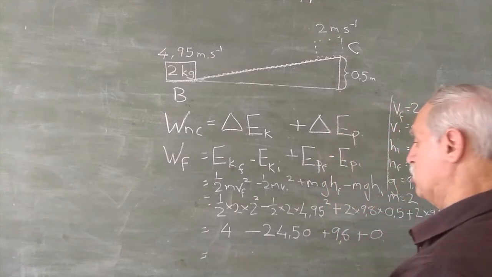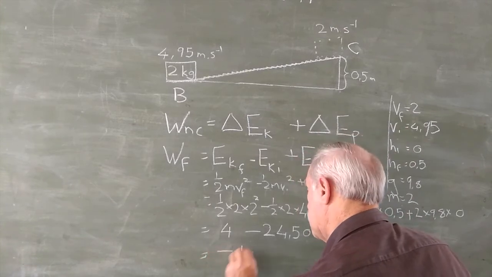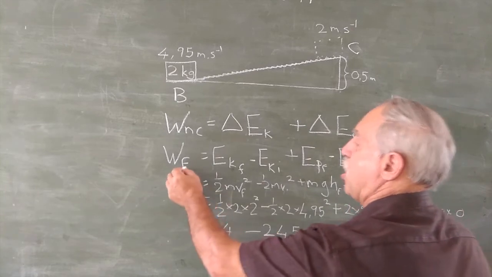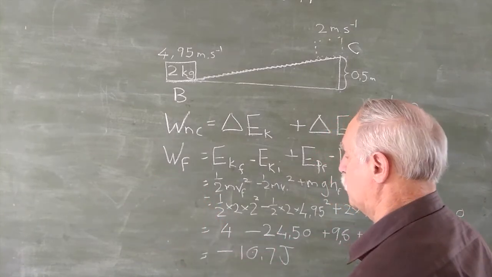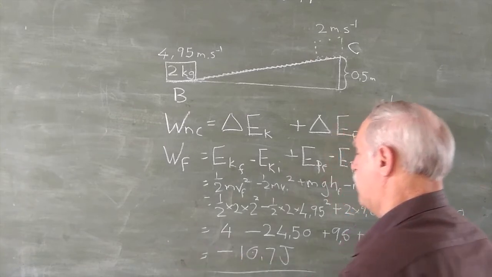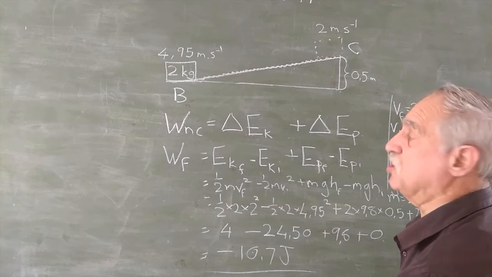So what have we got? And that gives us an answer of minus 10,7. What is it measured in? Joules. Are we surprised that frictional force or force acting against something ends up with a negative value? No. There's our answer. Easy peasy, chicken squeezy.